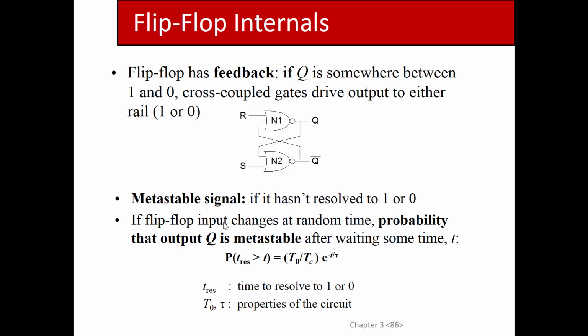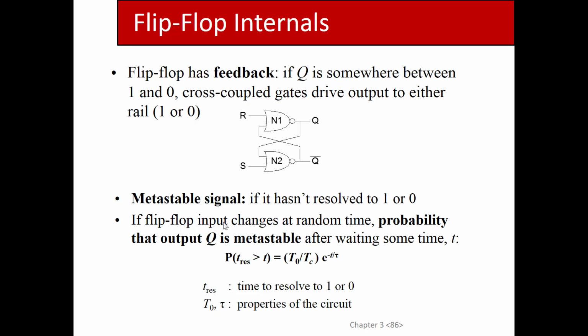So the book has this equation that says the probability that the resolution time, which is the time it takes to actually stabilize the output, is greater than some value t that you propose, is equal to t sub 0 divided by tc. Now, t sub 0 is a parameter you get from the technology. It's locked in.